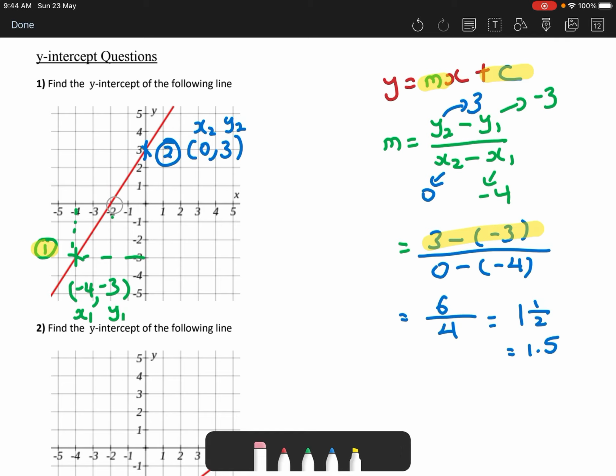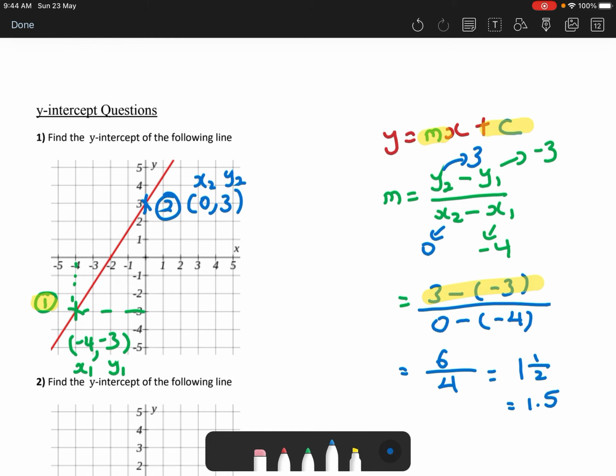Okay, next will be the c, right? The c is what we call the y-intercept. Look at this word, y-intercept: it means that the line intersects the y-axis. If you see the graph right here, you will notice that this graph intersects the y-axis at 3.